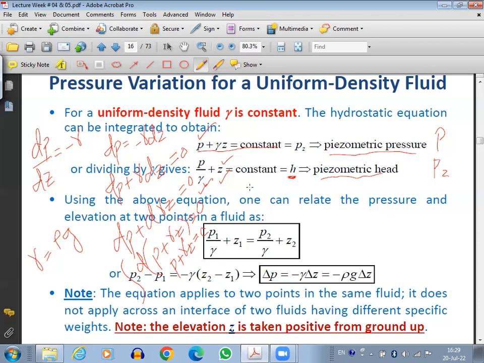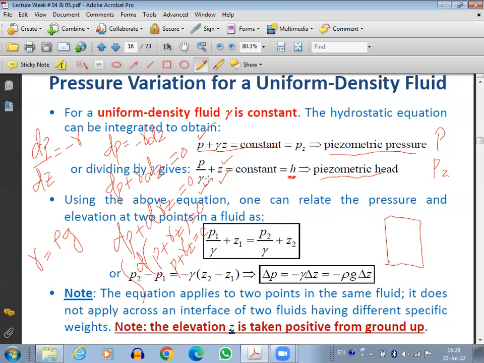Now the thing is that P over gamma plus Z is a constant. It means if I have a container, at any point this combination would be the same. Try to understand, you studied this in physics as the conservation of energy. The sum of kinetic and potential energy is the same whether something is sitting on the ground or at the top.